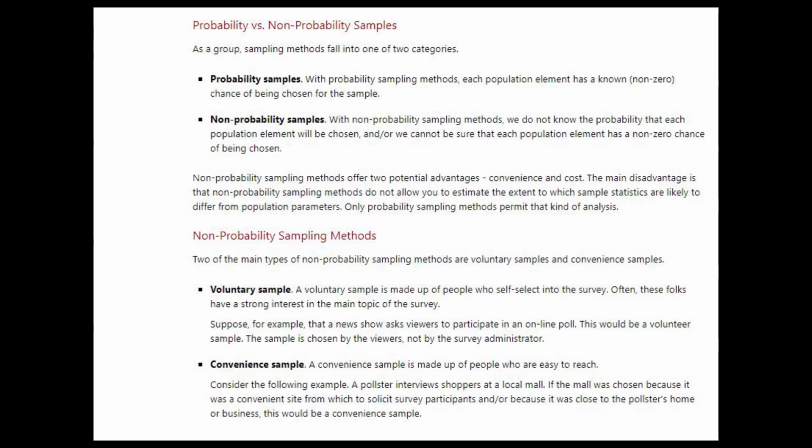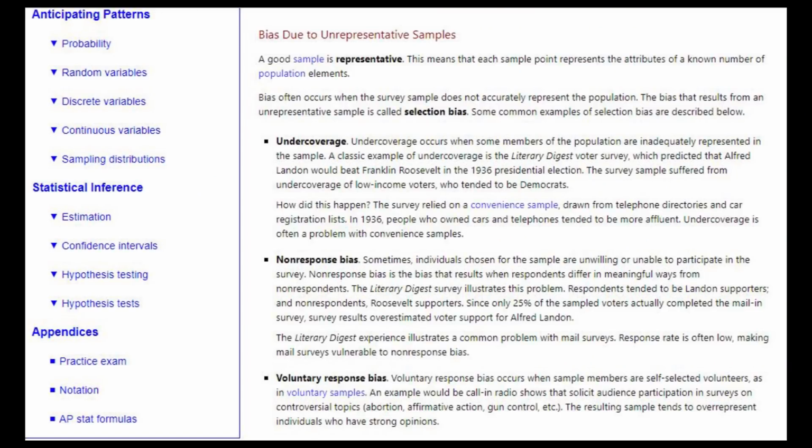It's a convenience sample. These collection methods are biased. Voluntary response bias is a known bias in statistical sampling. Convenience sample bias is a known bias in statistics. These are what statisticians avoid at all costs because they know that their scores are going to come out wrong.